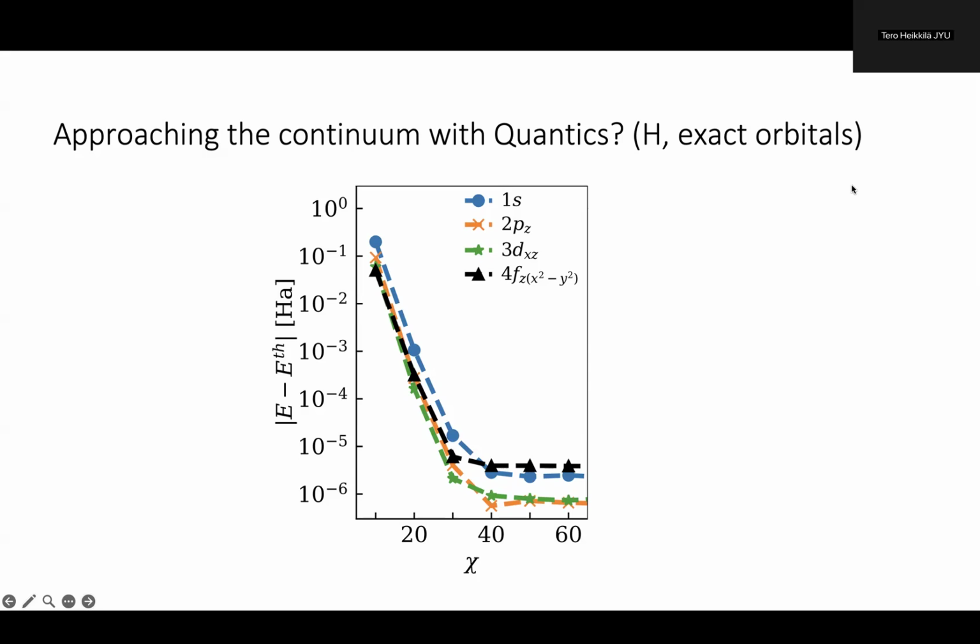So you have the Laplacian of psi plus e squared over 4 pi r psi equals E psi, where psi is a function of x, y, z. In this case, we actually knew the answer, so we gave the answer to TCI.